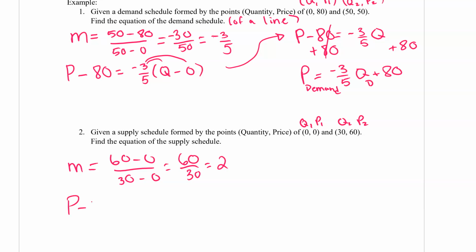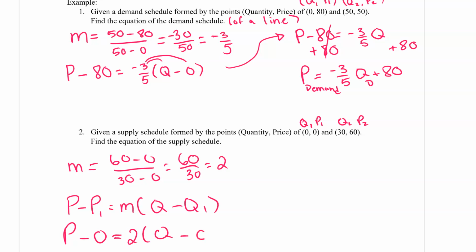Then I use my point slope equation. So I've got P minus 0 equals my slope, 2 times Q minus 0. This one's quite simple because the zeros just go away and we distribute this 2. So our equation for the supply price is going to be equal to 2Q. And that's our supply quantity.